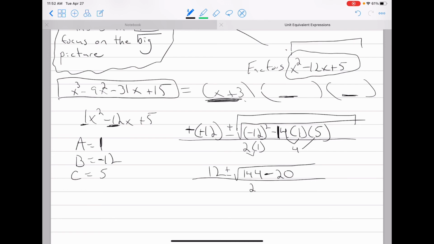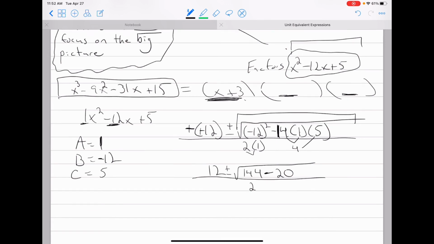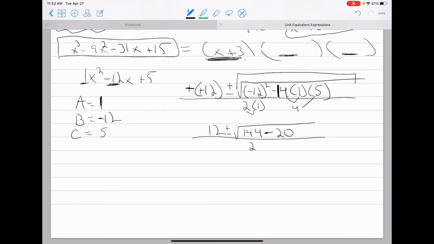So I got to here right now. There's more simplifying that I can do. So I still have 12 plus or minus the square root of 124 all over 2. Now, here's the cool part. Let me see. Does 124 have a square root?